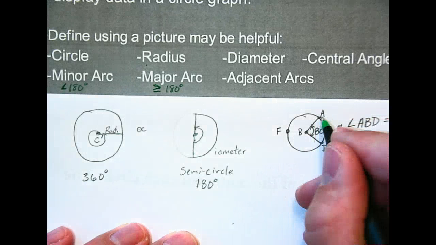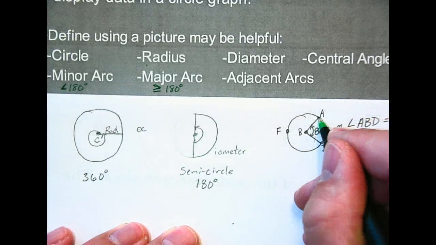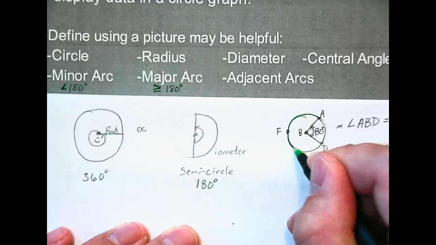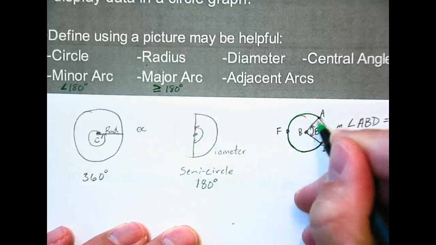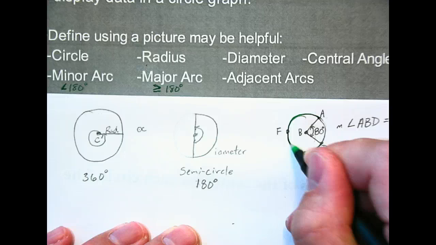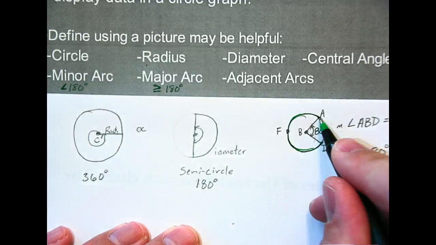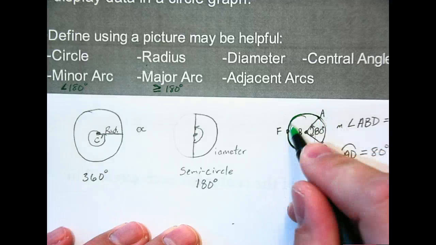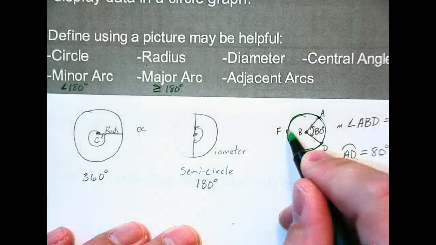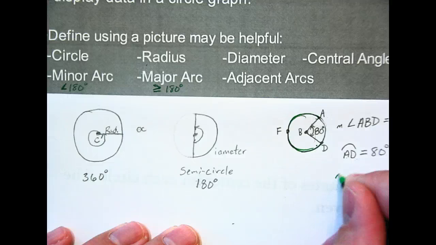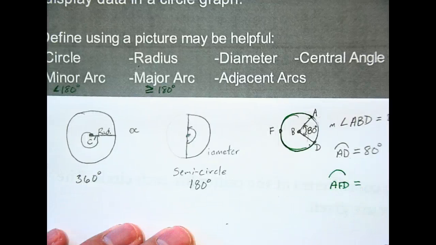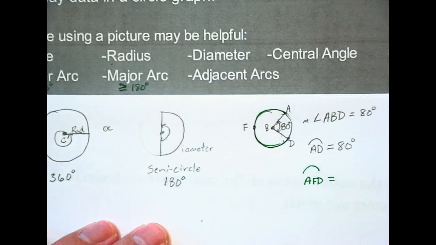So if I was naming this arc right here, from A to D this way, we couldn't call it AD again because that implies a minor arc. That implies us going this direction. So we use 3 letters for it. So AFD. Arc AFD, the major arc AFD, has a measure of, anyone know?